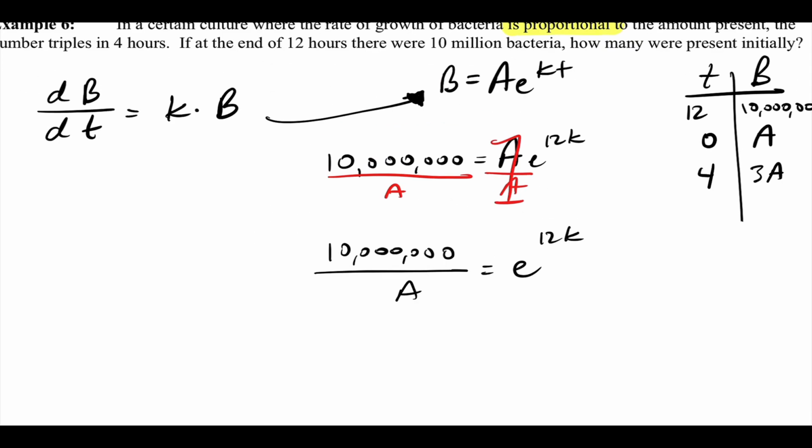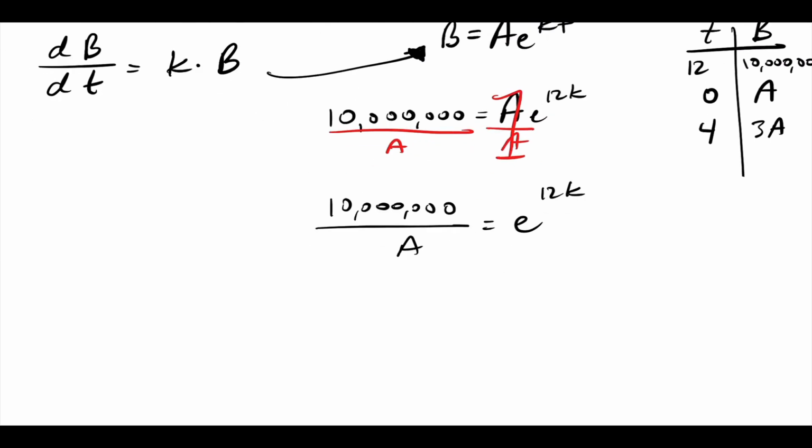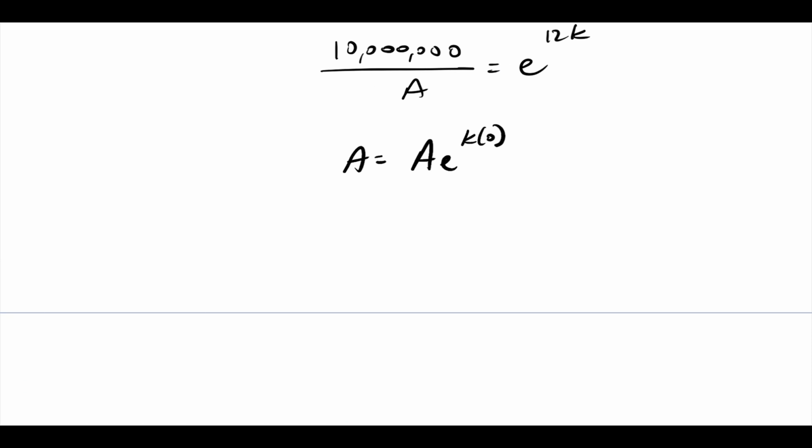So when we plug in 0, A equals A to the K, and then T would be 0. We get A equals A. That doesn't help us. Okay? We got one more shot. Let's plug in the other one that we know.